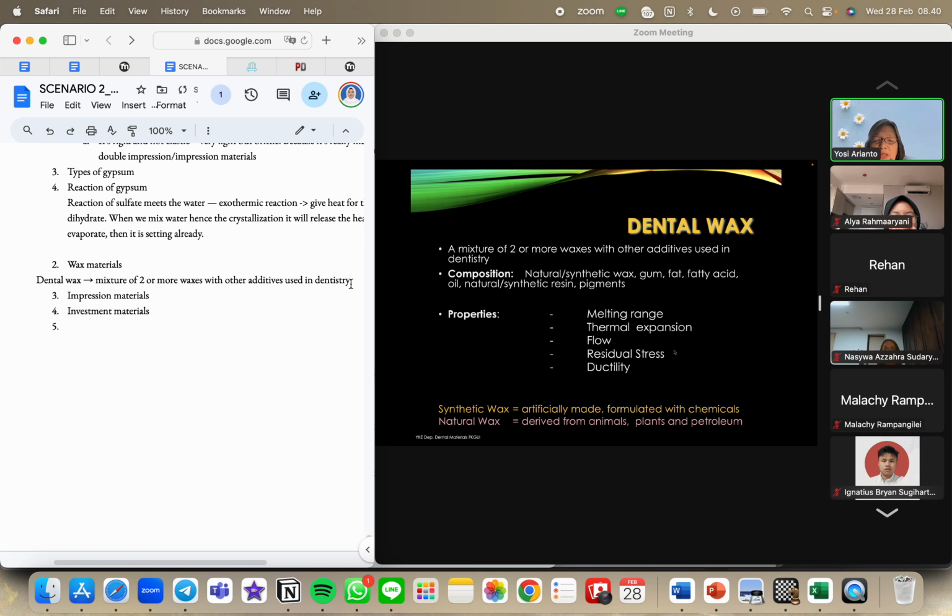The properties: they have a melting range, not a melting point, but a melting range, because they have a lot of compositions which have different melting temperatures. Usually they have thermal expansion.